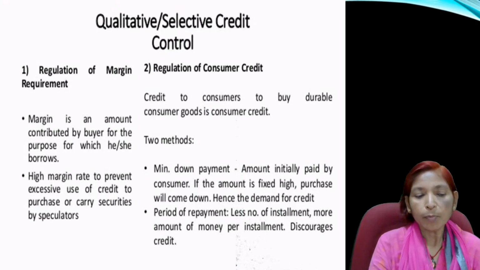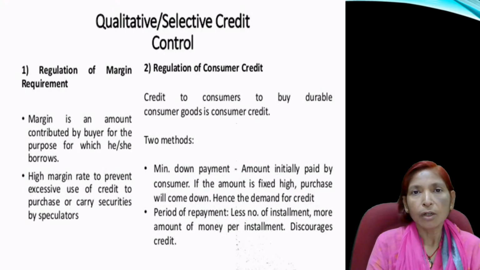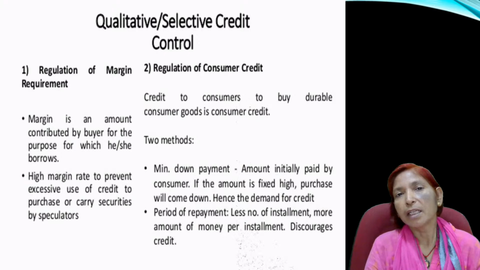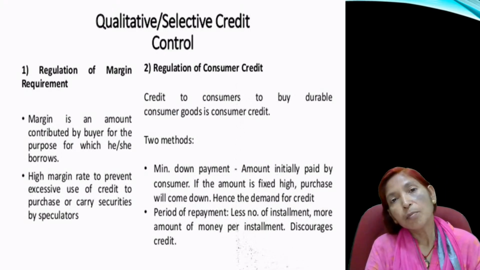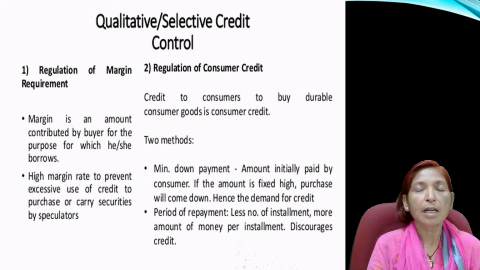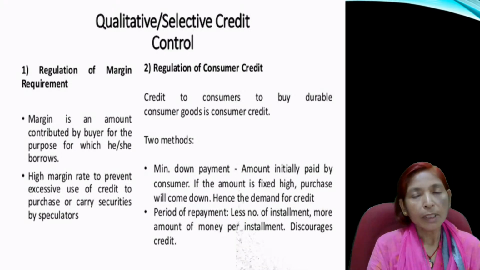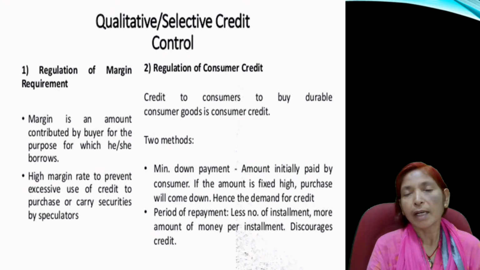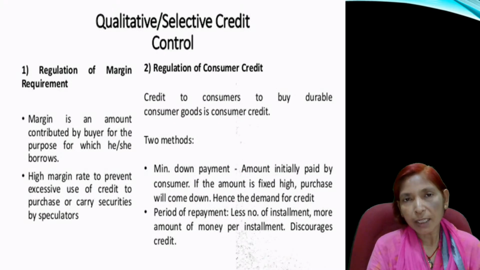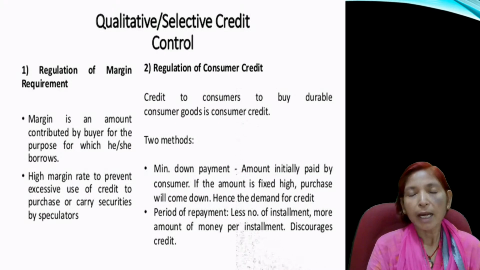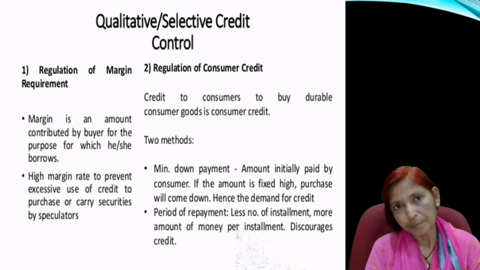So RBI puts some moral pressure, not by giving any threat or discouragement. RBI morally pressurizes commercial banks to follow its monetary policy tools and cooperate with the Reserve Bank of India to control credit and solve this inflation problem.